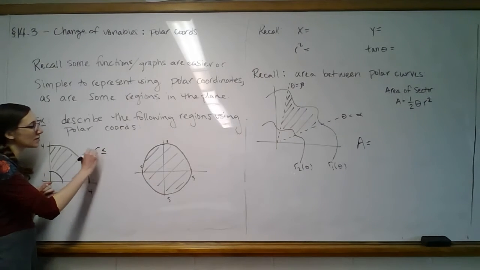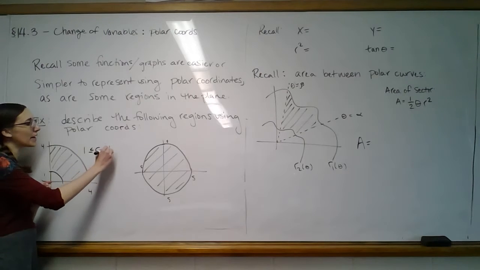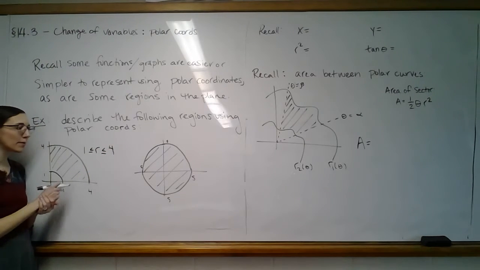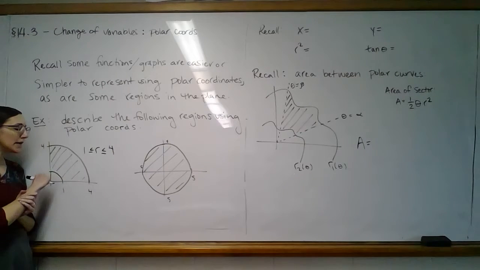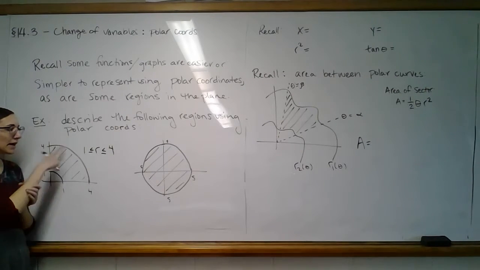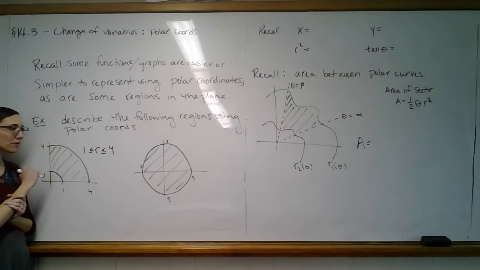So r is going to spread between 1 and 4. If you think about what those curves actually are, remember r equals 1 is the full circle of radius 1 because theta just can swing and be everything, so it makes the full circle, and r equals 4 is the full circle of radius 4 centered at the origin.